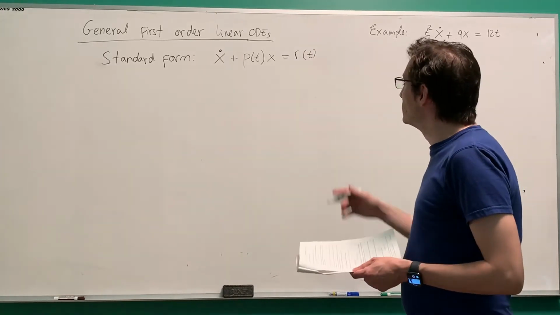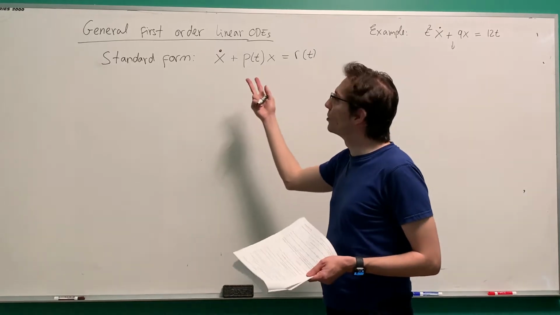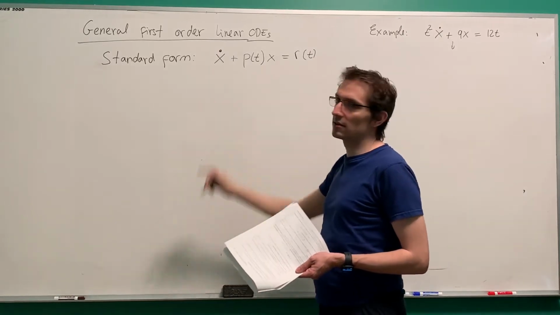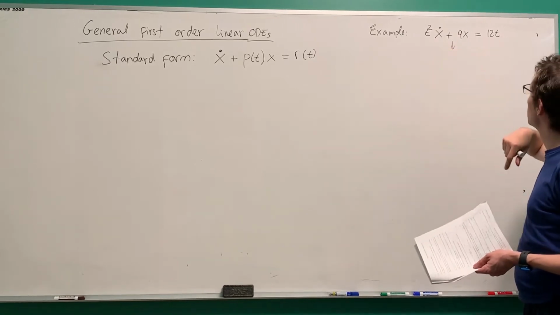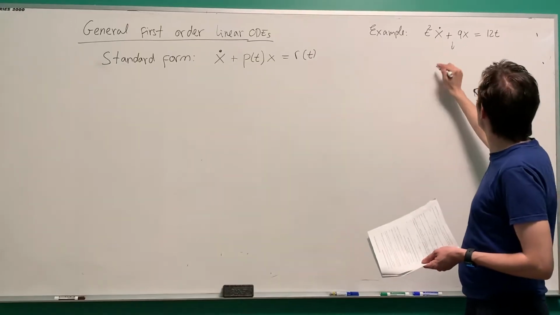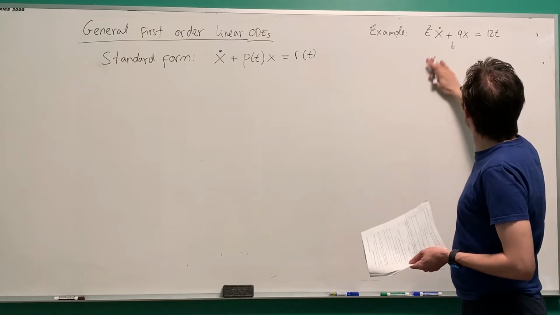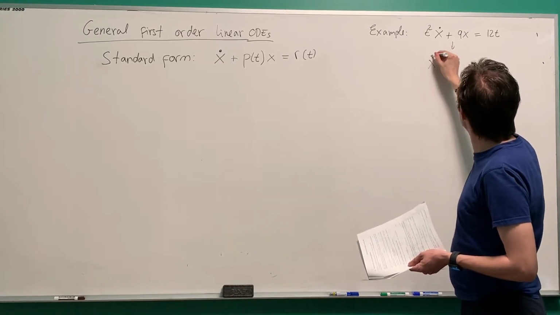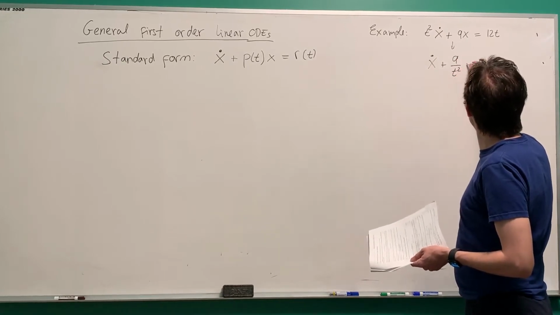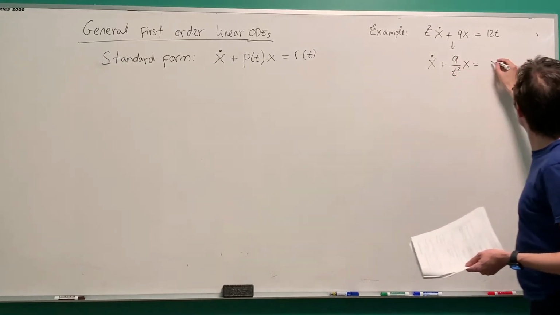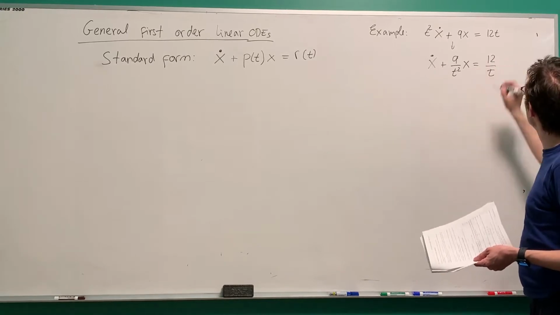Any equation that is first order linear can be written in the standard form. For example, I have this one here, t squared x dot plus 9x equals 12 divided by t, but that's easy. I divide everything by t squared, so I get x dot plus 9 divided by t squared times x equals 12 divided by t.